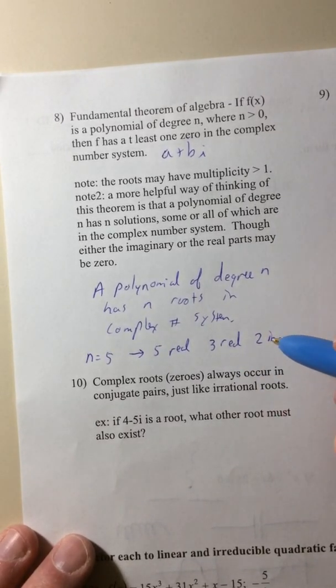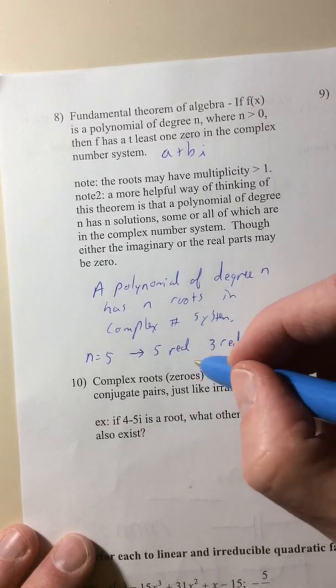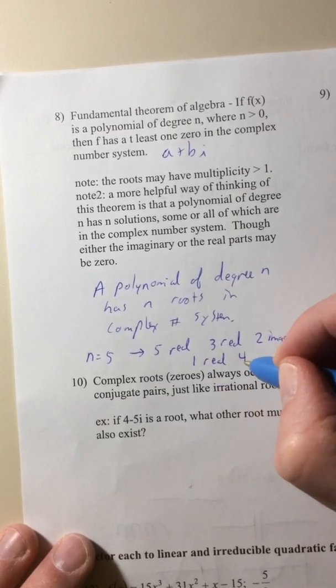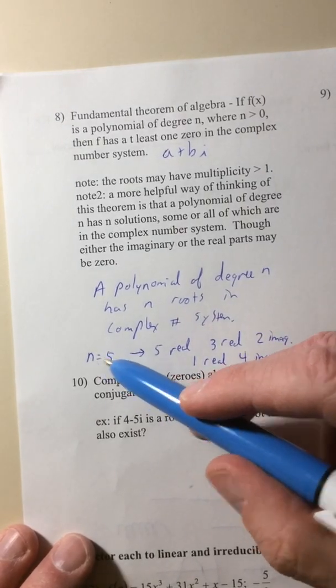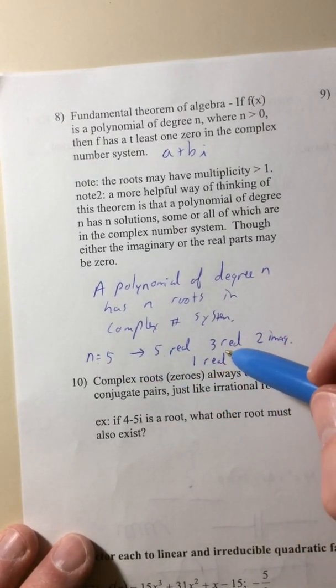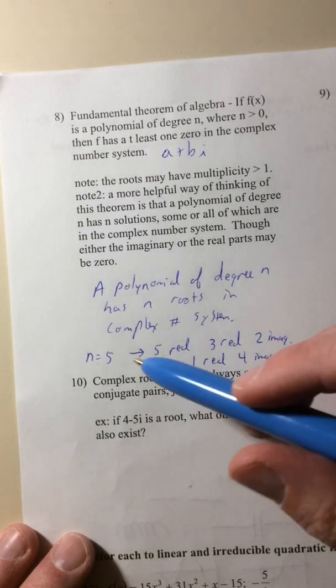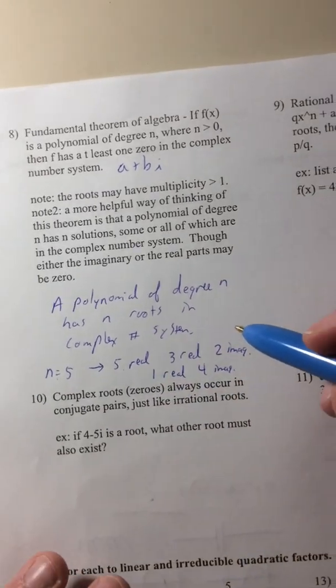So if we got 1 imaginary, we definitely have 2. And so we could have 3 reals. Or we could have 1 real and 4 imaginary. So when the degree is 5, we're either going to have 5 reals, 3 reals and 2 imaginaries, or 1 real and 4 imaginaries. So the key idea here is we're going to have n roots.